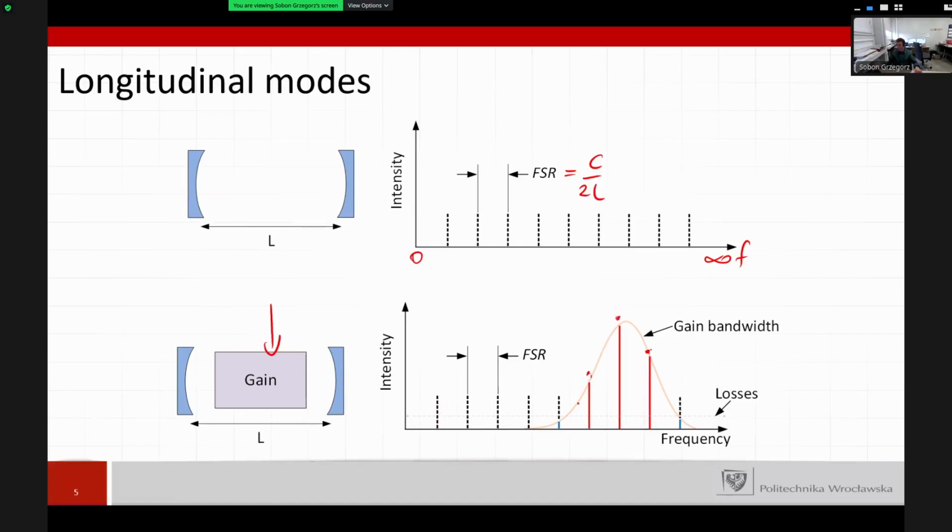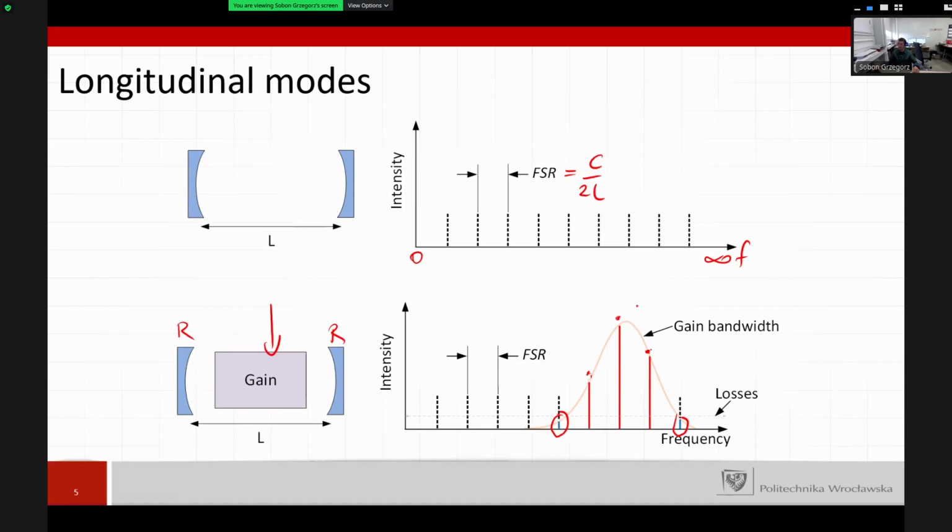Of course, only if they overcome the losses, right? Because we have some losses because of the reflectivity of the mirrors. So we have some level of losses. As you can see, there are two modes that are under the gain curve, but the gain is not compensating the losses. So these modes will not be excited.